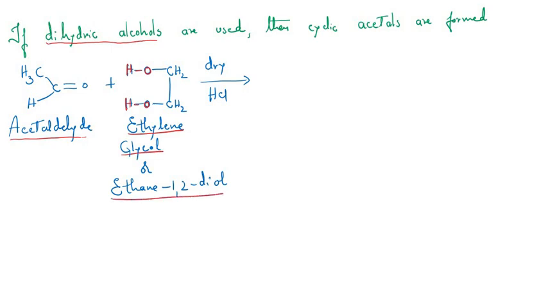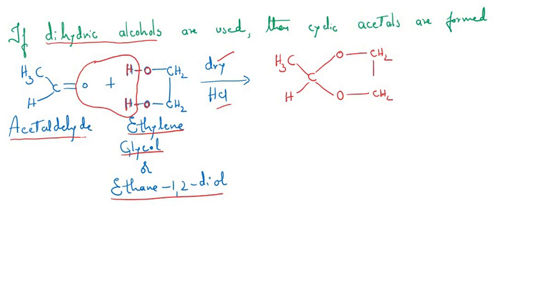When this ethane 1,2 diol is treated with acetaldehyde in the presence of dry HCl, we can see that water is eliminated, right? So this water is eliminated and we are getting here CH3 single bond C, to this one hydrogen is here, and it will be having a linkage with this oxygen, then followed by CH2, then followed by O, then followed by CH2, and these are connected here.